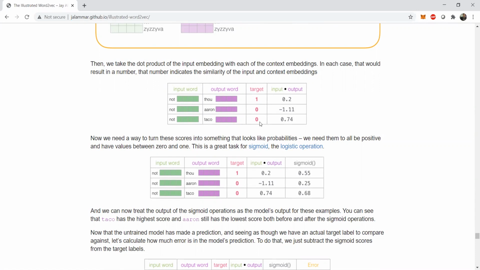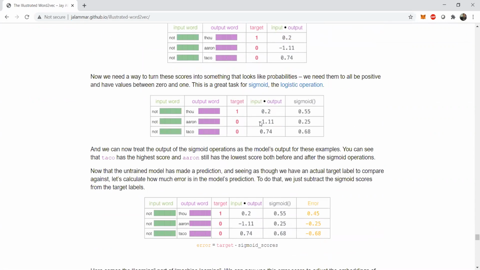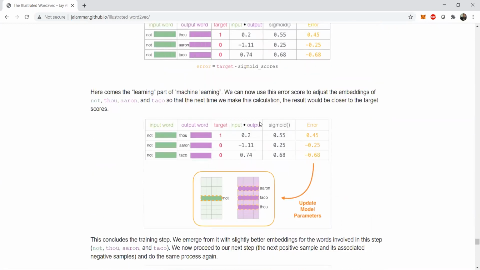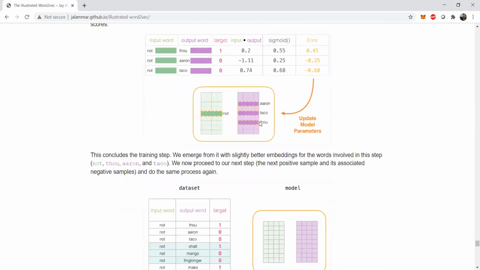And we have the target vector associated with them, right? We take the dot product, we convert it with a sigmoid function to scale it between 0 and 1, and we compute the error vector, that is the target vector minus the predicted vector. Because we have supervised learning going on, as discussed earlier, right? So this is how the word2vec model training is done.